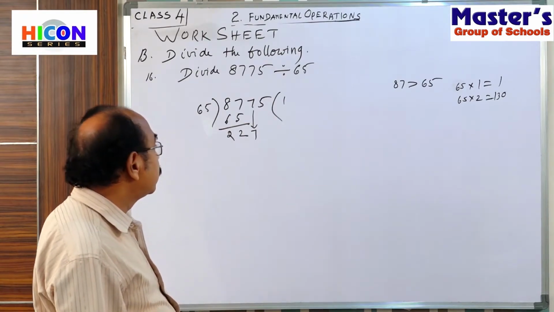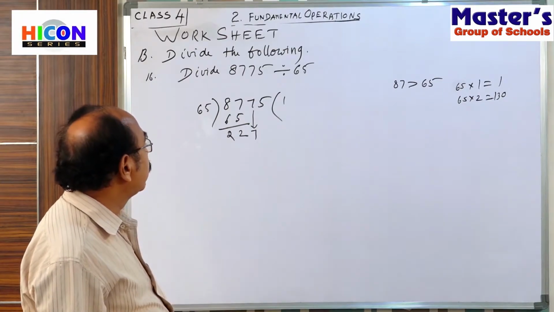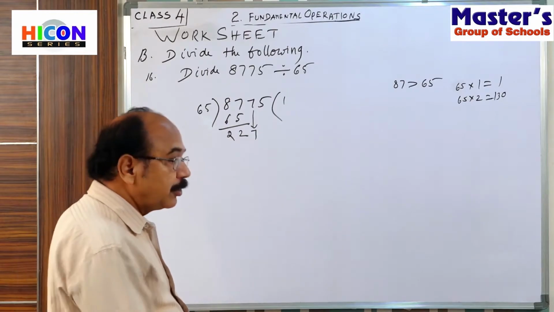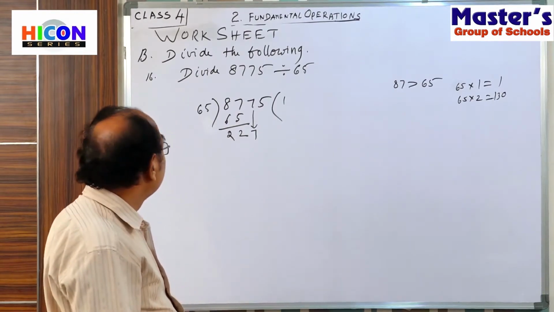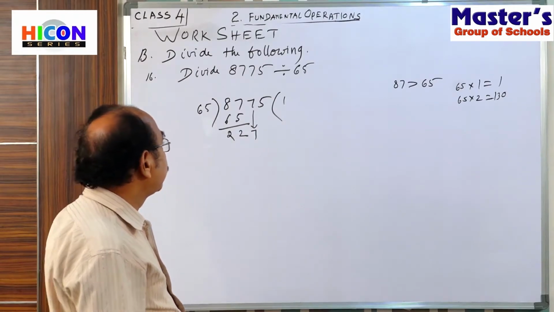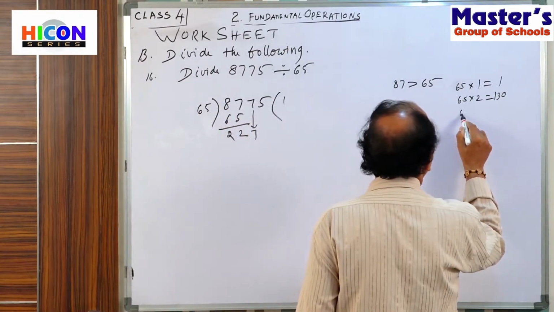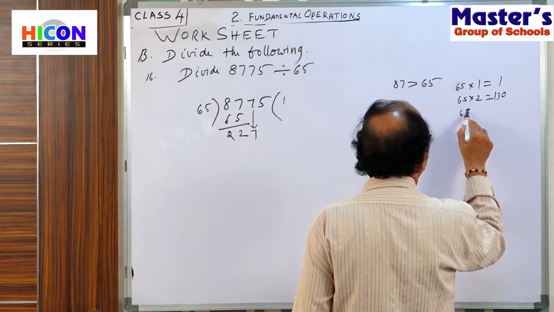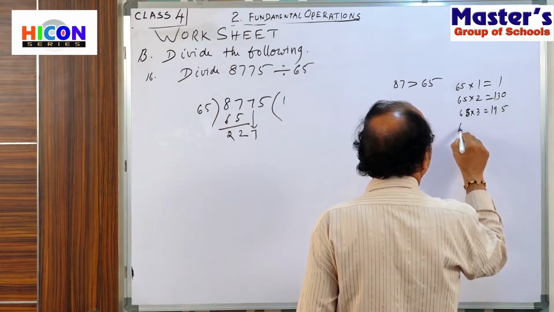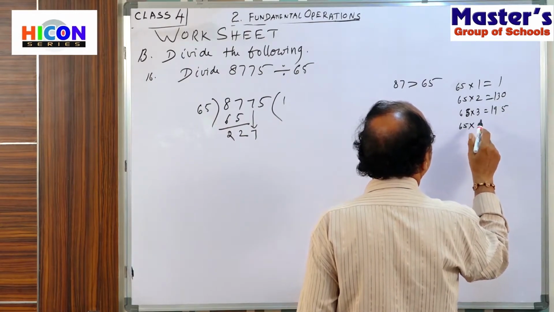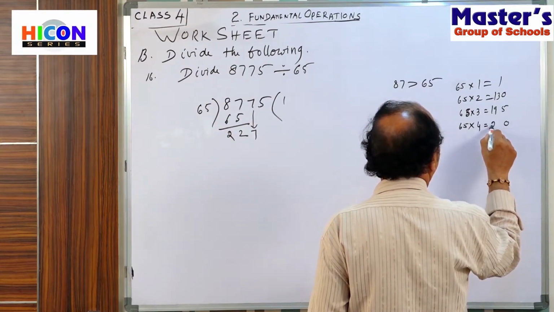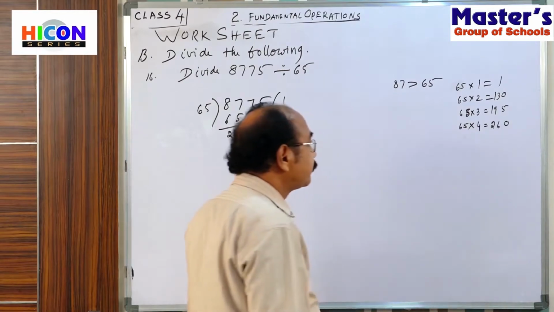Now in this 65, how many times will it go? So you continue the multiplication table with the 65, then you can say how many times it can go. 65 threes are how much, you see? 195. 65 into 4 you see. 260.